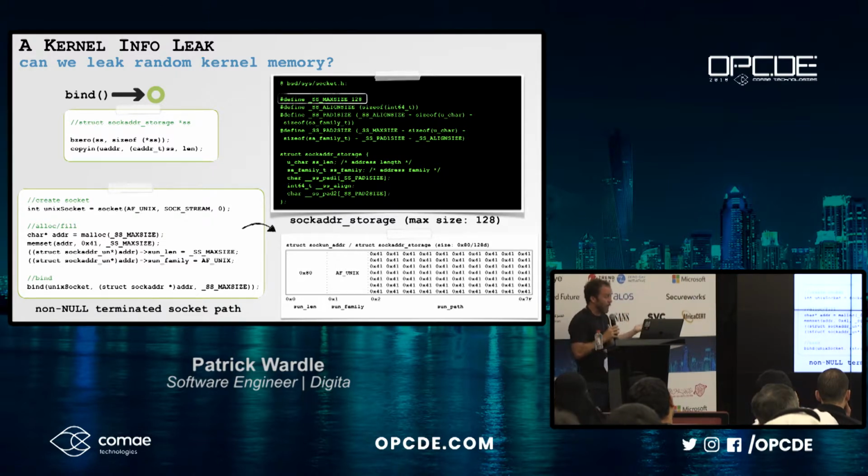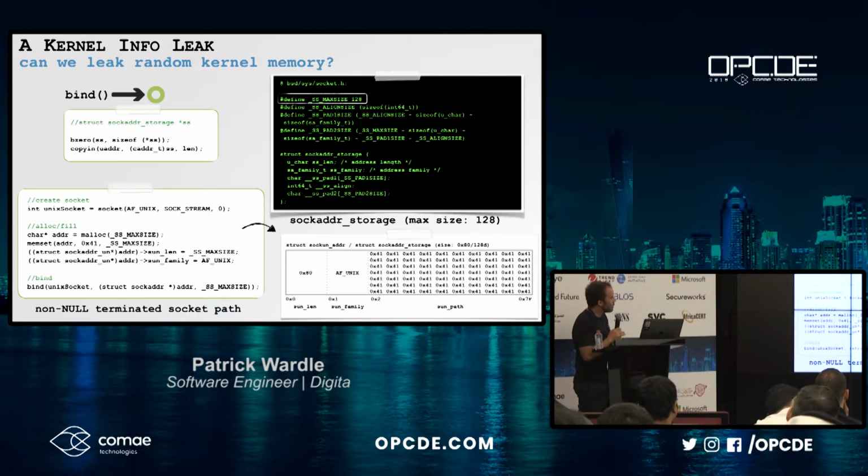If we look at the size of this structure, we can see it has a max size of 128. So in user mode we simply allocate 128 bytes, fill that with 41, 41, 41, and then set the length to max and the family to Unix socket. We then call bind, which will trigger the audit event of the socket.